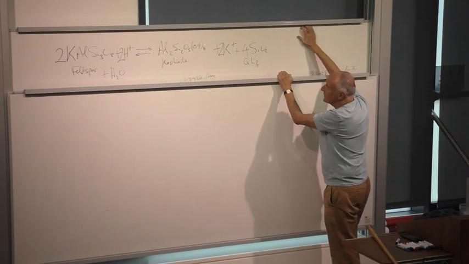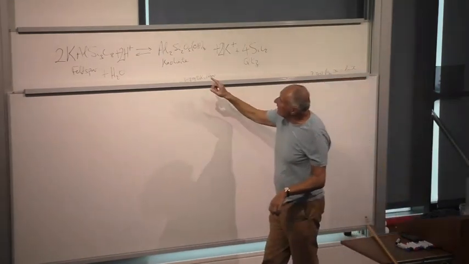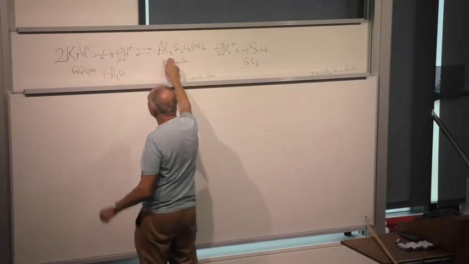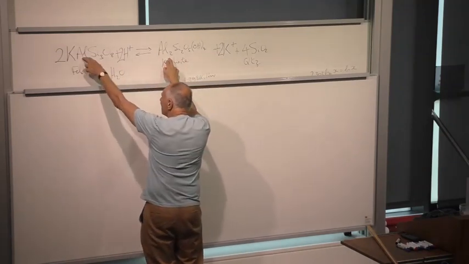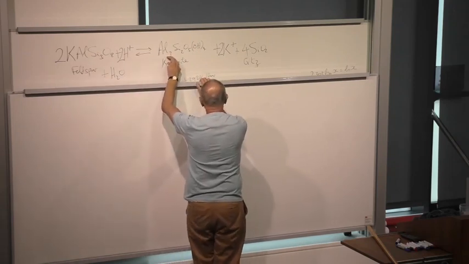I'm sure nobody questioned this, but in order to balance this reaction, I assumed that all of the aluminium was in a solid. That is, that the aluminium in the feldspar was transformed completely into aluminium in the kaolinite.